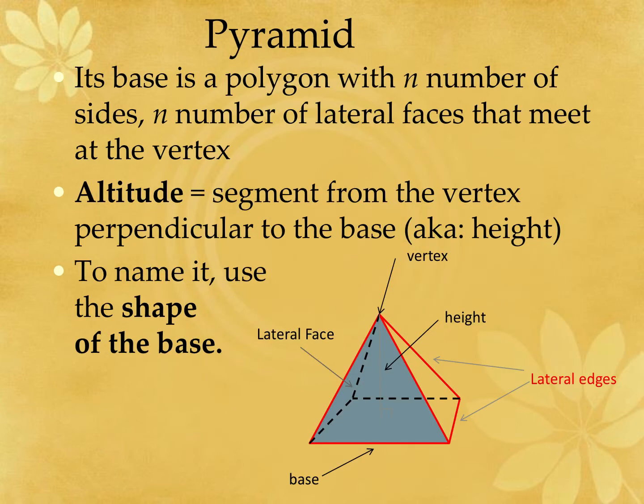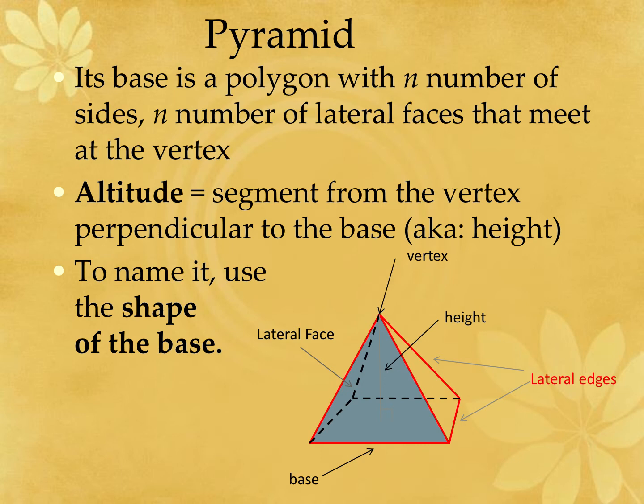Next is a pyramid. Again, we're going to name the pyramid by the shape that is at the bottom or the base of our pyramid. A pyramid is a polygon with n number of sides and n number of lateral faces that all meet up at the vertex.